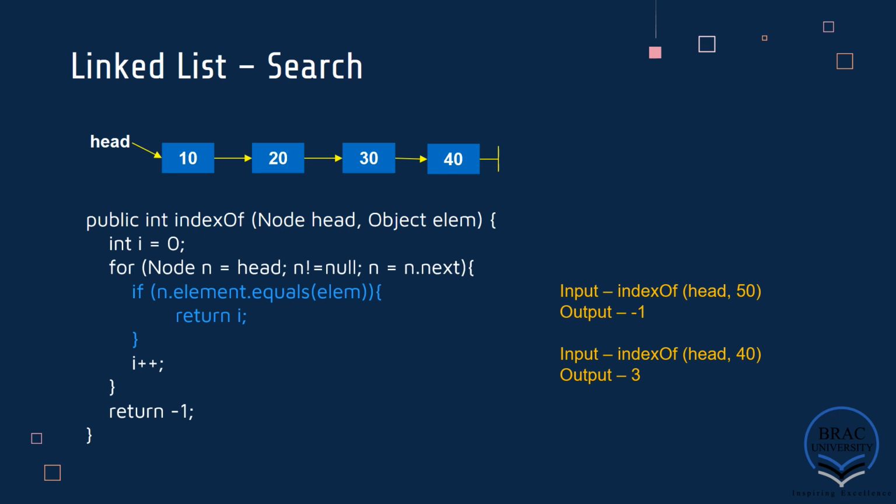Here are some sample inputs and outputs. If the sample input is indexOf head comma 50, the value 50 is not present in my list, so the output will be -1. In the next sample we have indexOf head comma 40. 40 is present in my list, at position 4, and the index will be 3 because it starts with the 0 index.